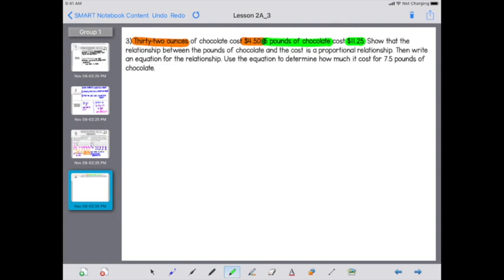Then write an equation for the relationship. Use the equation to determine how much it would cost for another 7.5 pounds of chocolate. Okay, so the first thing that you need to know is that 1 pound is going to equal 16 ounces.